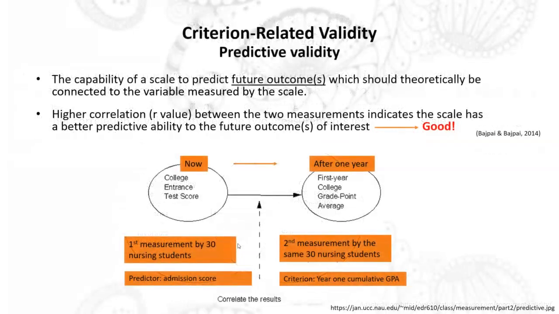Okay, criterion-related validity. I mentioned four validity tests before: face, content, convergent, discriminant. Now I talk about criterion-related. When we develop scales, to a certain extent we want to know whether my scale can predict something else.